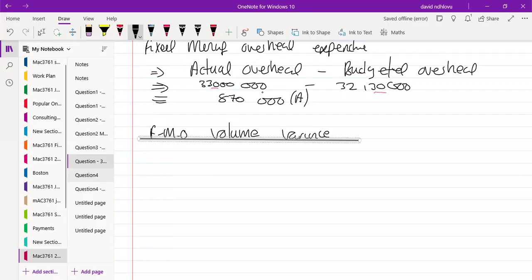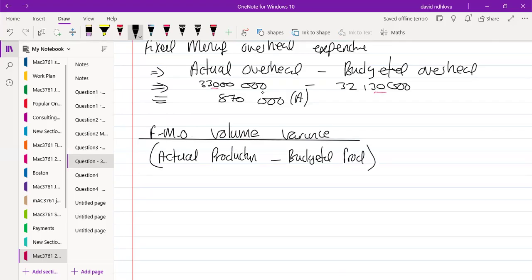The first one, we can say, is the actual production less the budgeted production, multiplied by the standard cost, which is the ORR.